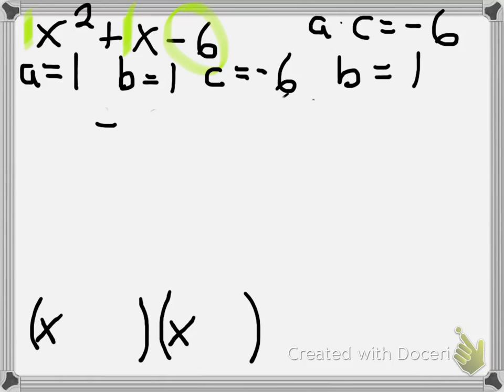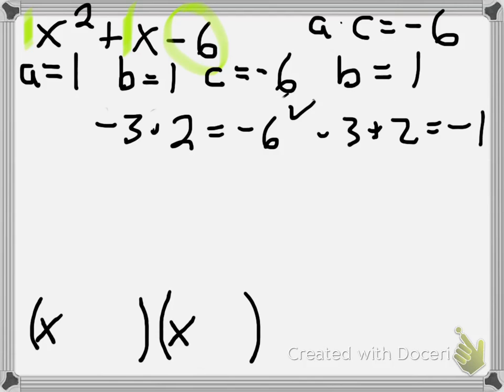So I can try negative 3 times 2. That definitely equals negative 6. And then I can go negative 3 plus 2 equals negative 1. And I'm excited because this looks very much like what we want, but not quite.